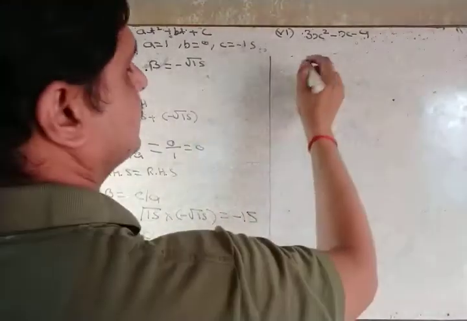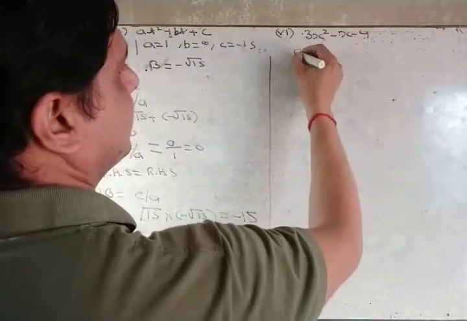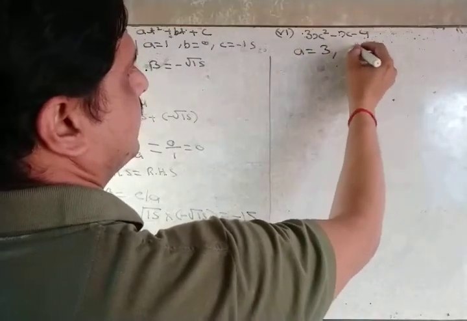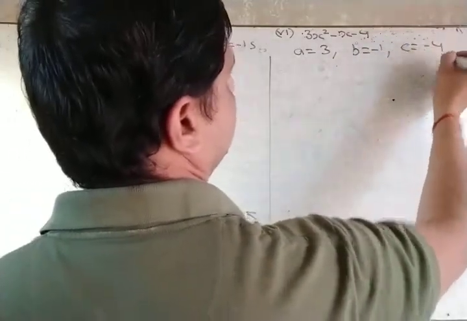For this, on comparing, you can directly write A is equal to 3, B is equal to minus 1, C is equal to minus 4. Okay.